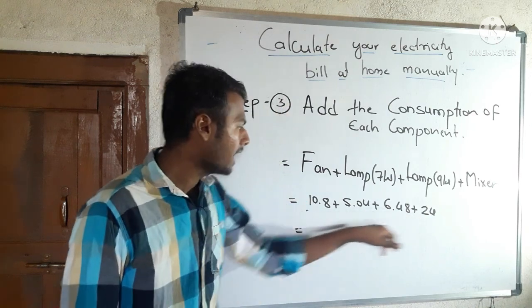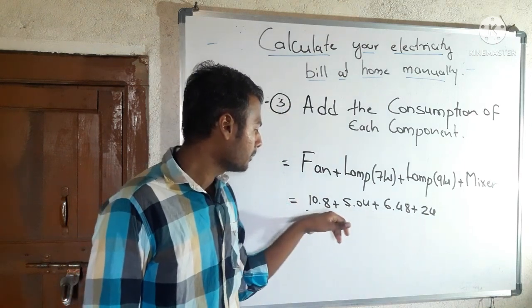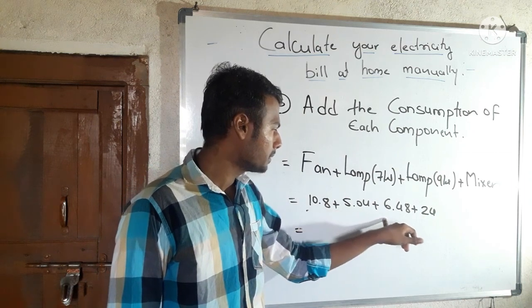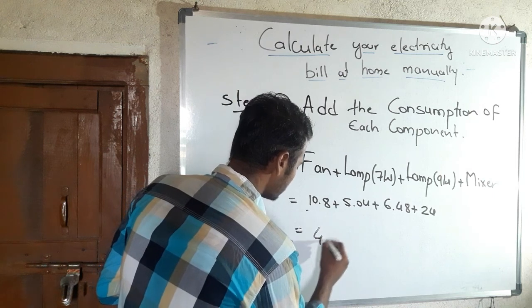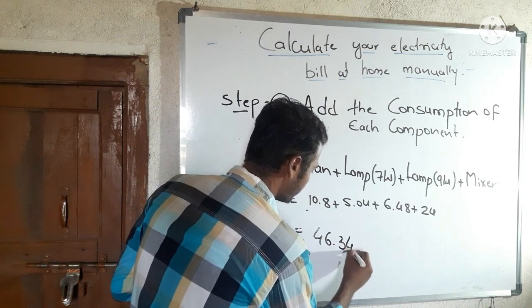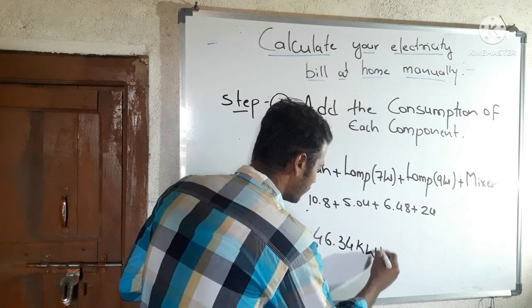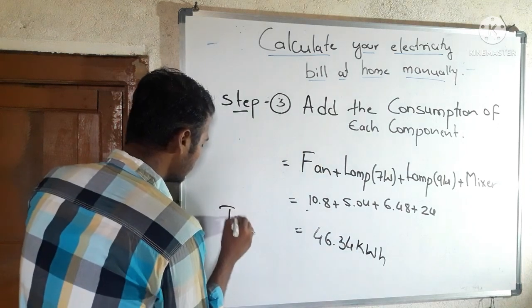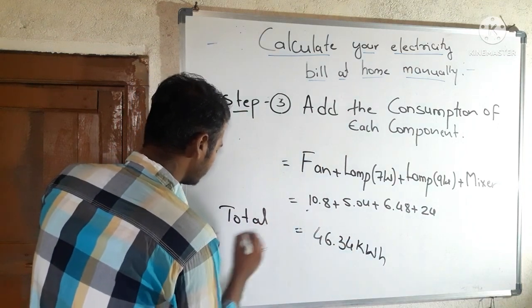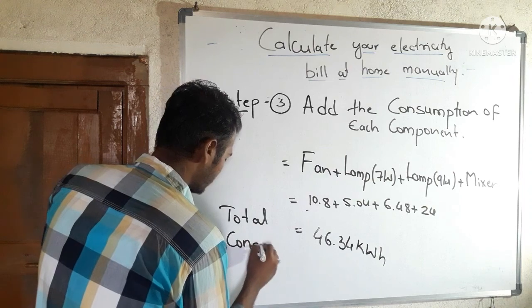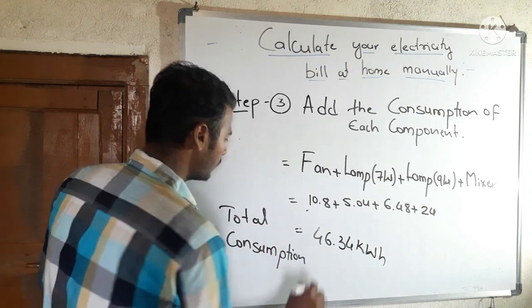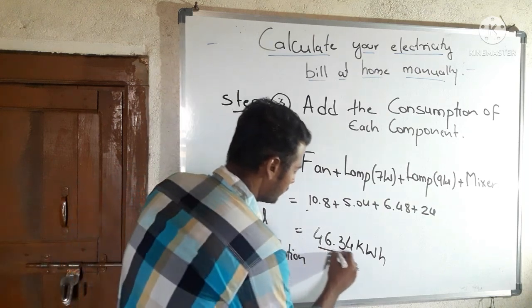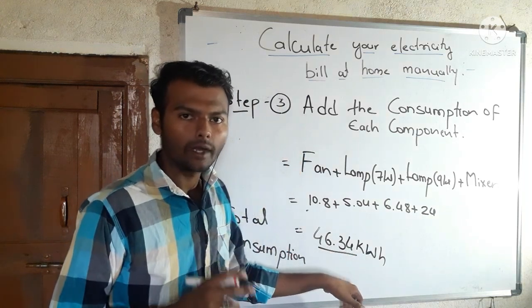If we add 10.8 plus 5.04 plus 6.48 plus 24, we get 46.34 kilowatt hour. This is the total consumption.